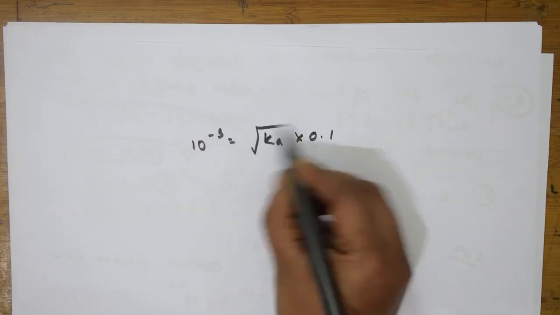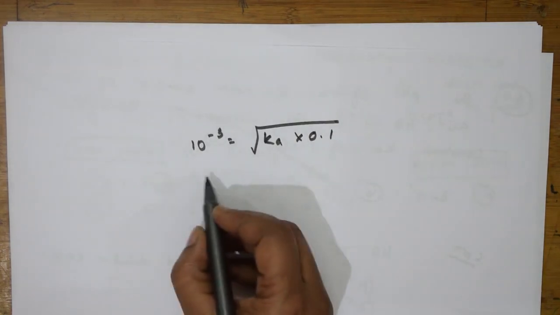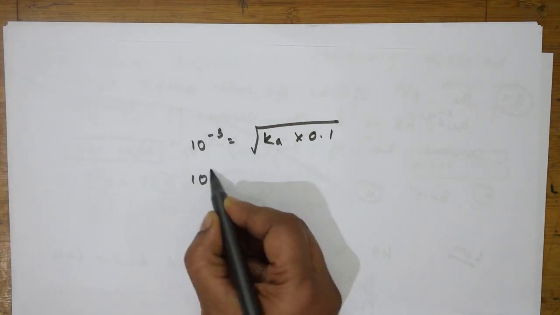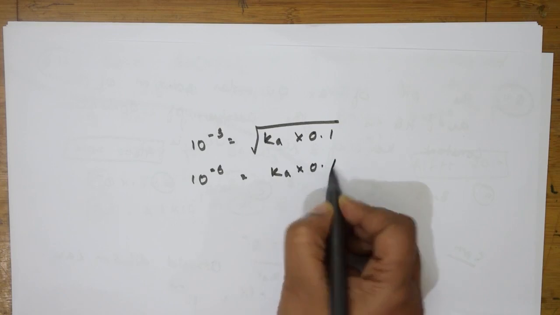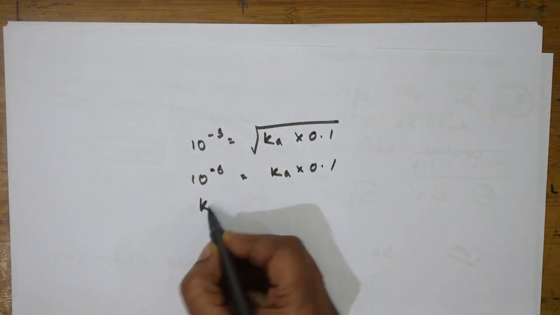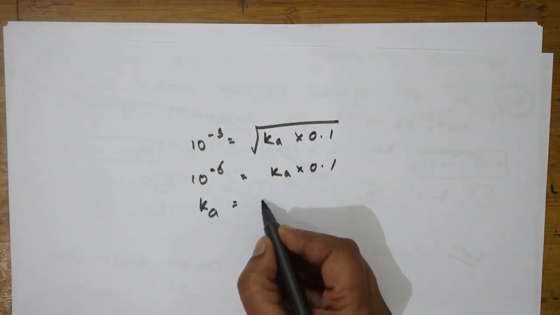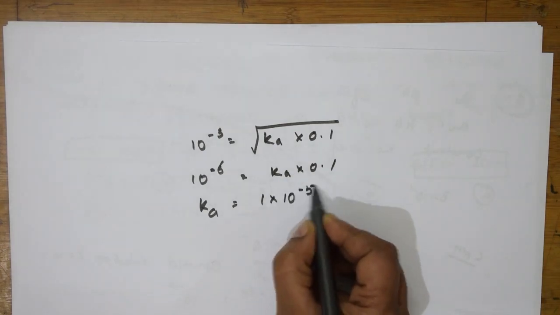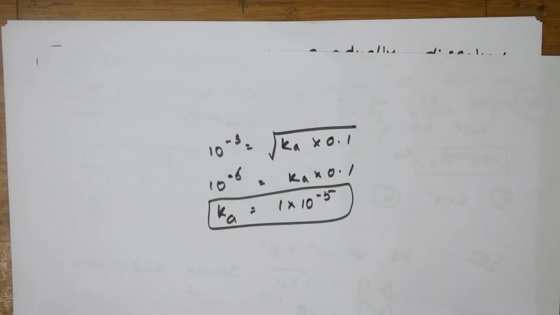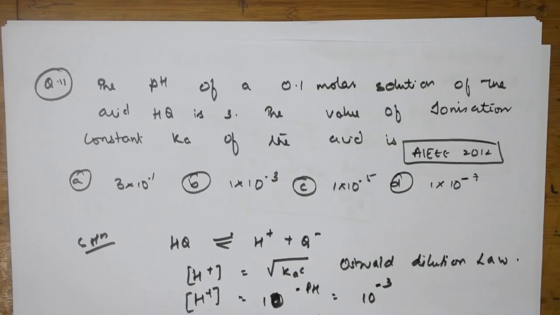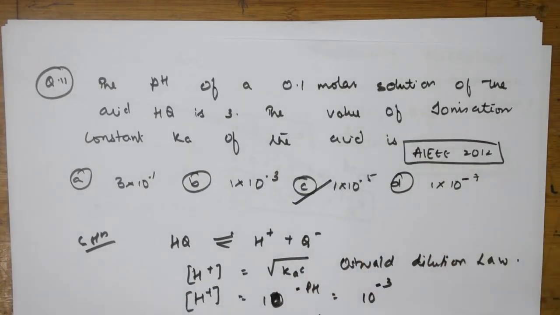Squaring, 10 raised to the power of minus 6 equals Ka into 0.1. So Ka is equal to 1 into 10 raised to the power of minus 5. I got this from Ostwald's Dilution Law, so the correct option is 1 into 10 raised to the power of minus 5.